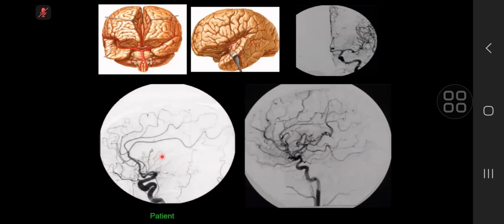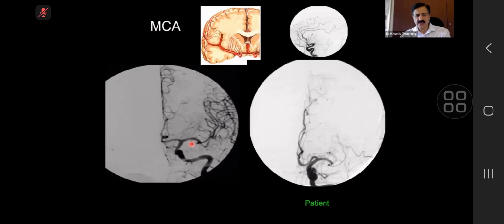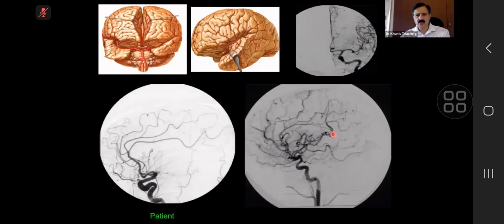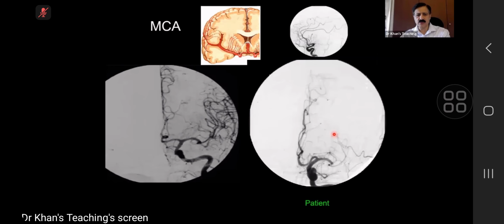So everything is missing. Actually, what has happened, if you see the AP view, there is a complete block here of the M1 segment. So from there onwards, all of this is not visible. So this was a complete block, occlusion of the MCA.